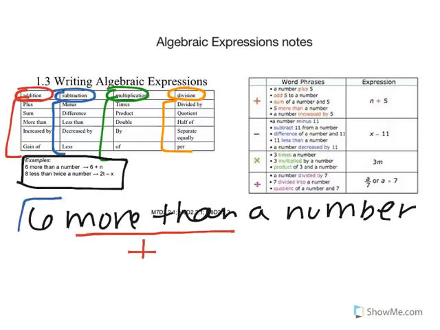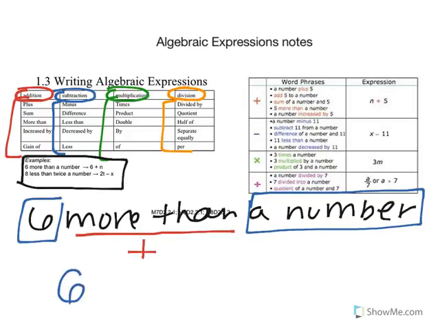Now you're going to single out the terms being used. So you see a 6, which is one term, and then a number, which you're going to have to make a variable to represent the number. Okay? So you have 6 plus a number, and you could represent the number to be any letter.